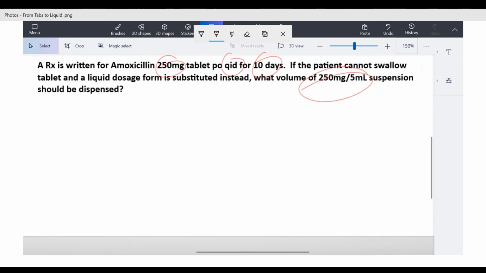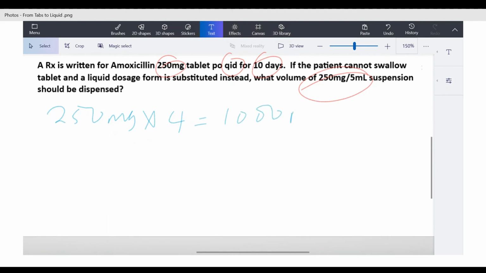We take the 250 that we initially had, times 4, which gives us 1,000 milligrams. 1,000 milligrams times 10 days. This time we're going to multiply by 10, and we should get 10,000 milligrams.